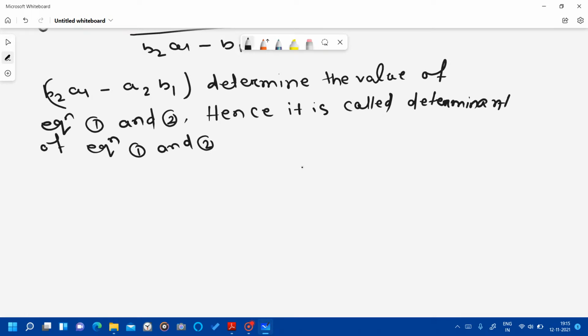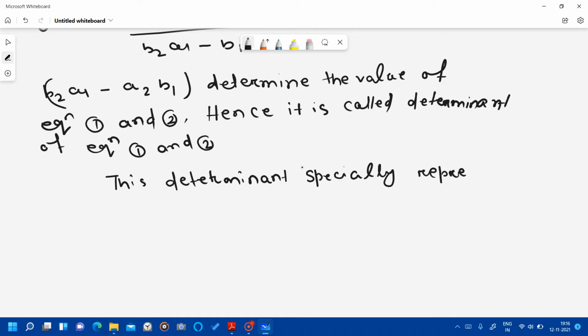This determinant is specially represented like that. Here a1, a2, b1, b2.